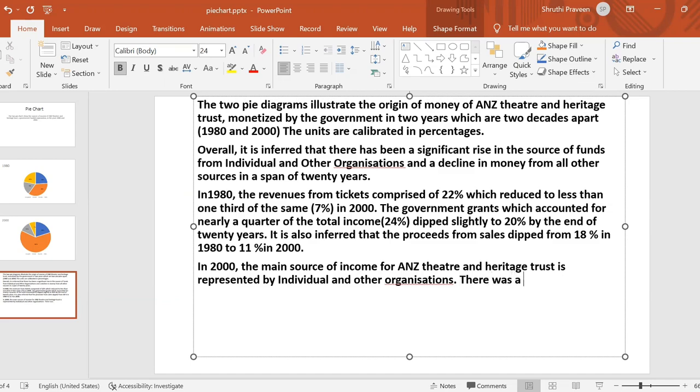There was a dramatic leap from 36% in 1980 to 62% in 2000.